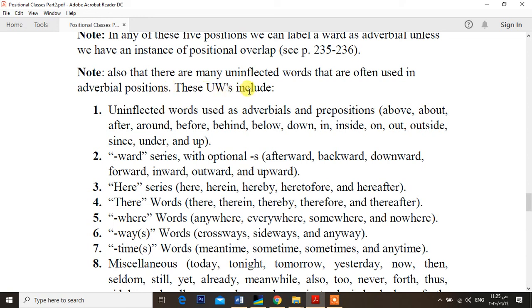These uninflected words include prepositions like above, about, after, around, before, behind, below, down, in, inside, on, out, outside, since, under, and up. They are uninflected words and they can be used in adverbial positions.